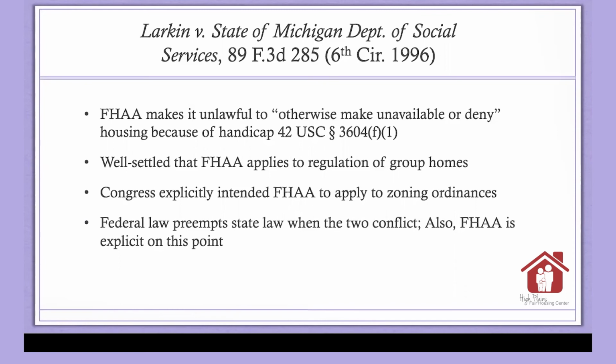Like I said, that's when the discrimination law was amended to include disability as a protected category, people with disabilities, and that's subsection F. The court said it's well settled that the Fair Housing Amendments Act applies to the regulation of group homes for persons with disabilities, and that Congress, in fact, explicitly intended the Act to apply to these situations, to zoning ordinances, and that federal law preempts state law when the two conflict. Also, the Fair Housing Amendments Act is explicit on this point.